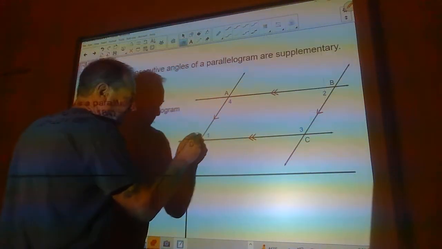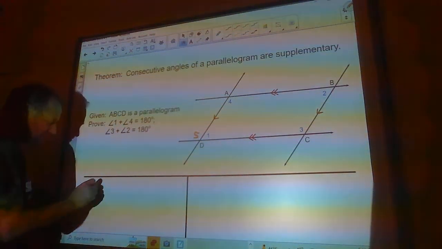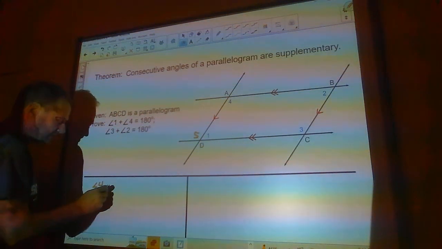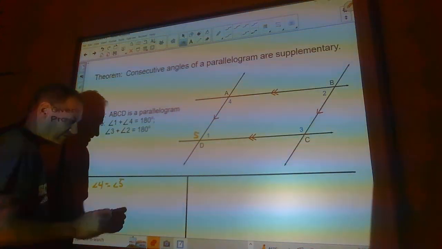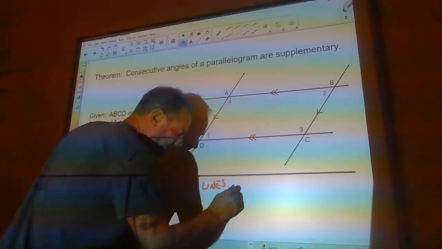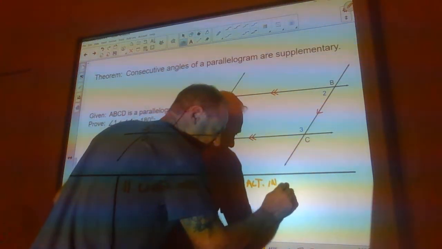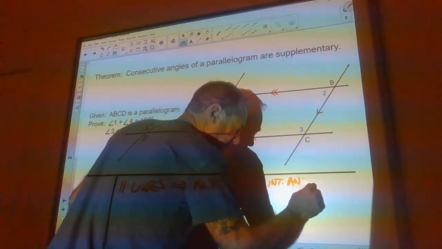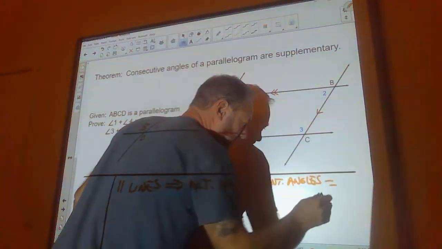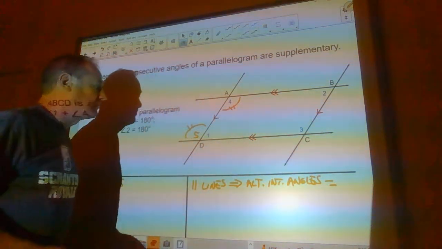We can put a 5 right here, and we can say, well, angle 4 is equal to angle 5 because parallel lines imply alternate interior angles are equal. So I know that this and this are equal.